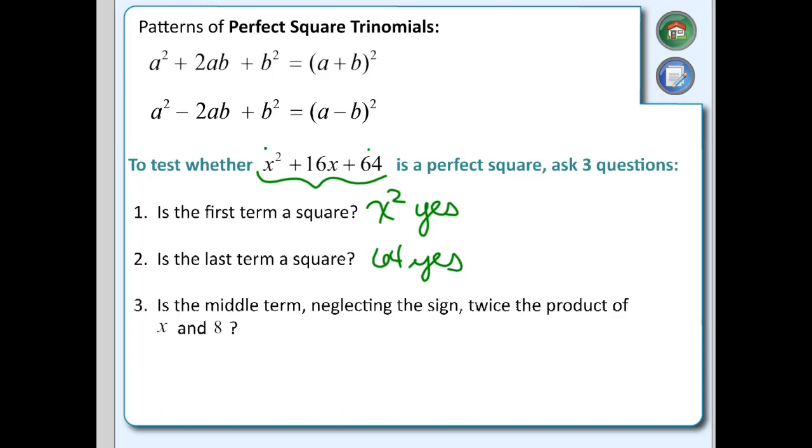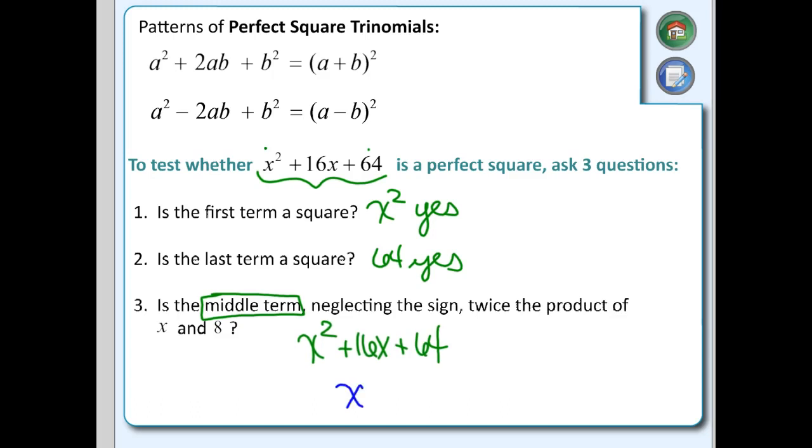Now, here's where we've got to go back and check the middle. We've got to check the middle term, and if the middle term checks out, then we have a binomial squared. So what do we mean by checking the middle? When I look up here, I'm going to go ahead and write it down: x squared plus 16x plus 64. Here's how I do it. I look at the first one and say, oh yeah, that's a perfect square.